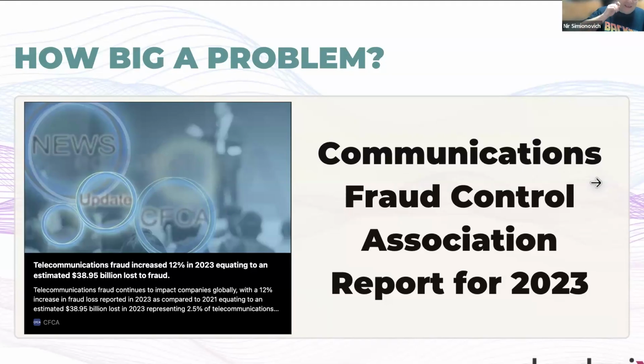Then you have to understand that when you say telephony fraud, it covers a lot of stuff like SMS fraud, premium rate fraud, toll fraud. There's a whole world out there.